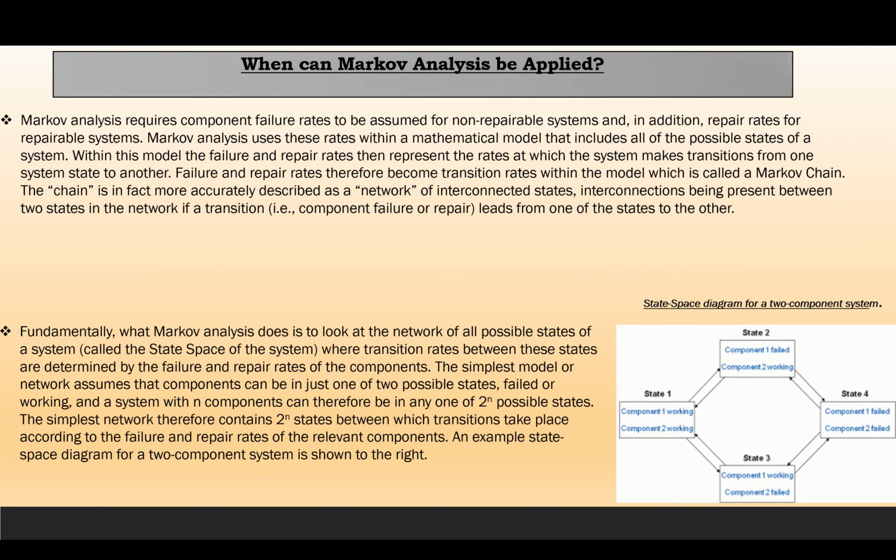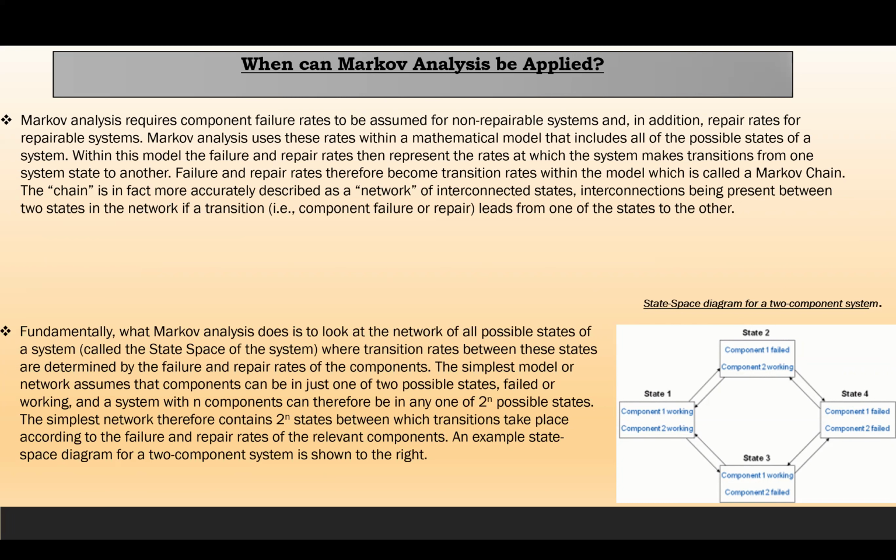Fundamentally, what Markov analysis does is to look at the network of all possible states of a system, which is called the state space of the system, where transition rates between these states are determined by the failure and repair rates of the components. The simplest model or network assumes that components can be in just one of two possible states, failed or working.